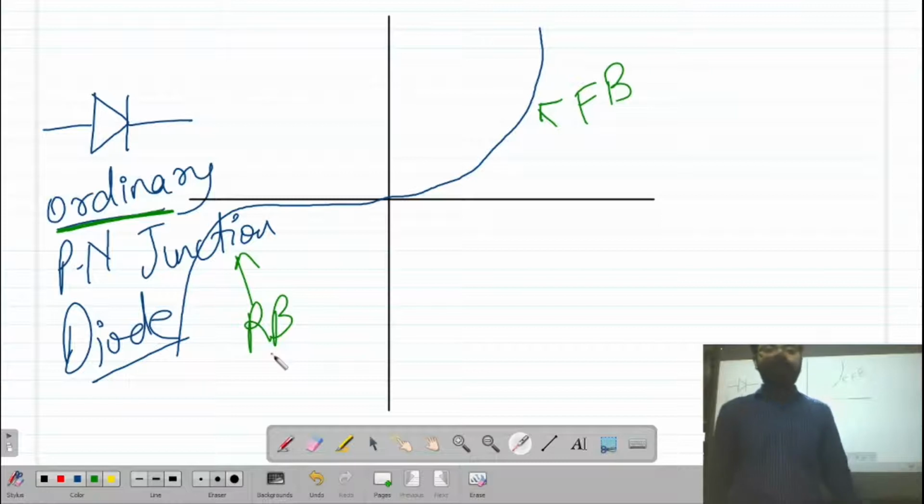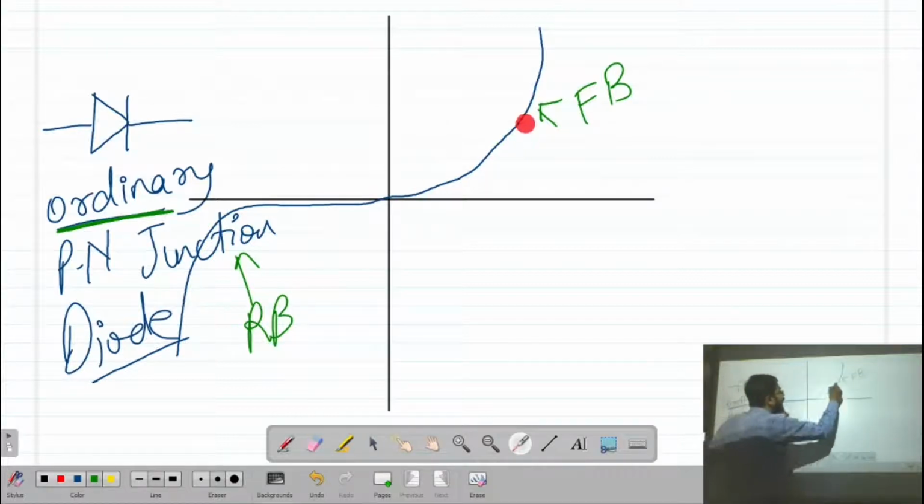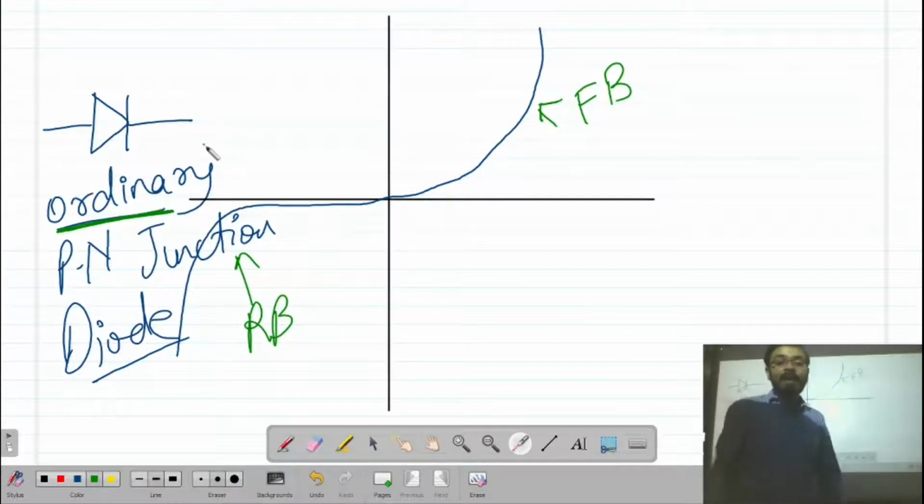Now, if we take the case of a solar cell, then this part of the forward bias will try to shift towards the fourth quadrant. Why? Because the PN junction in a solar cell is working as a source itself, because the solar cell is generating voltage and current, right?